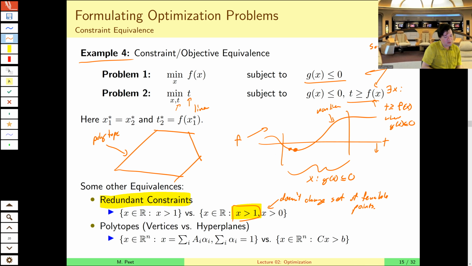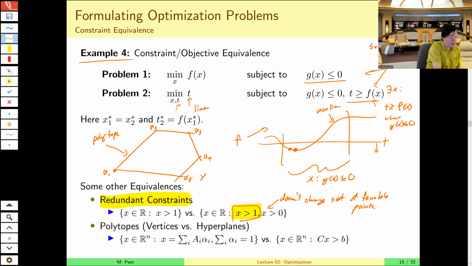So there's two ways of representing a polytope. One is you take the vertices, alpha 1, alpha 2, alpha 3, alpha 4, and so on, and just add alpha 5 since we're there.